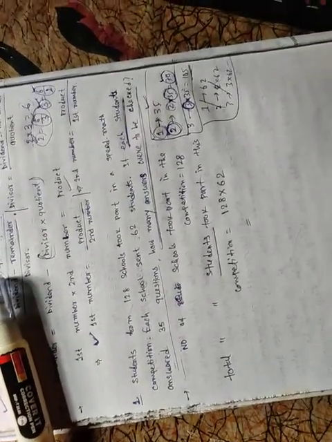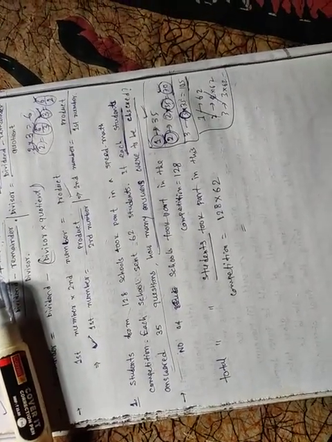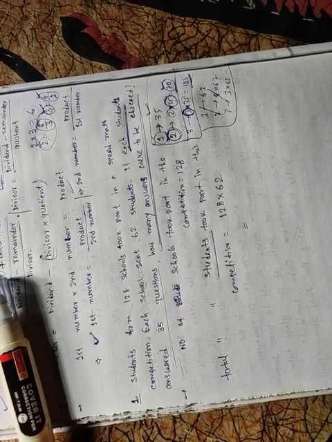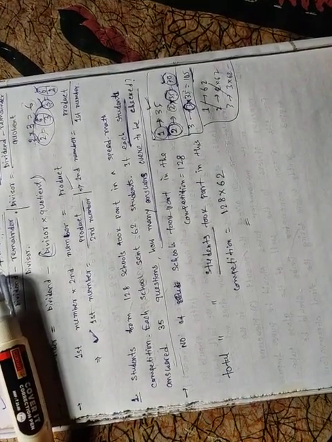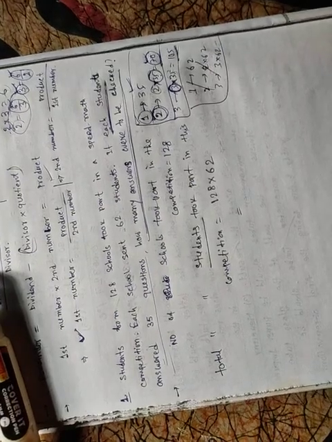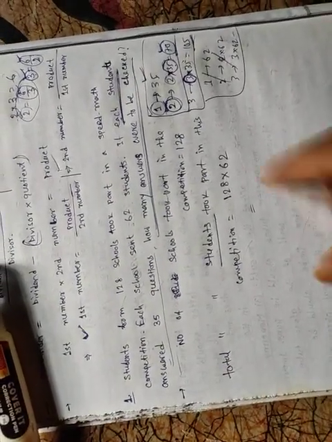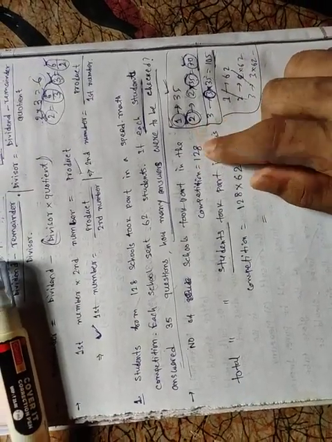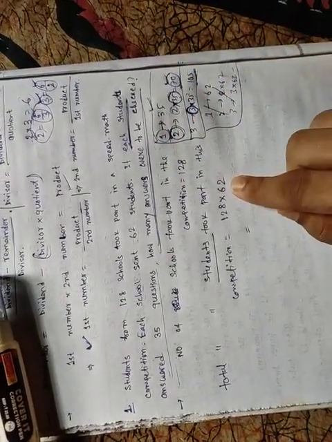Clear? Answer me, is it clear? Now you ask why I am multiplying this. Because the total number of schools is 128, and each school sent 62 students.